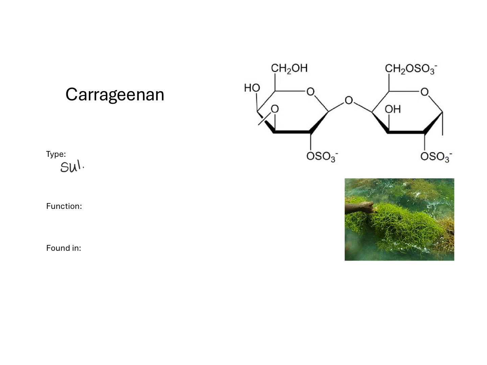It's a sulfated polysaccharide because it has this sulfate group here, and the sulfate group here, and the sulfate group here. Okay, so it's got 3 sulfate groups. This is the structure that repeats for the polysaccharide.